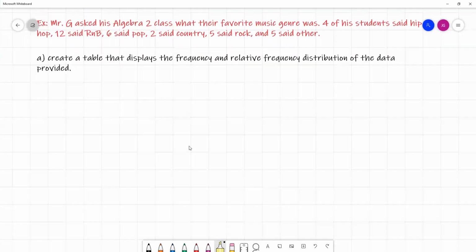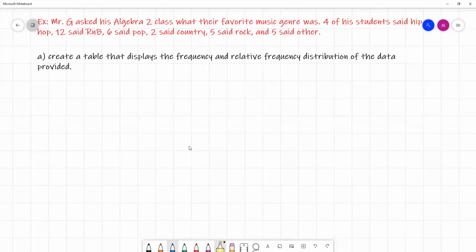Okay, so here it's all about just making a table. Since we're doing frequency and relative frequency, we're going to want a table that has 3 columns, right? Our first column is going to be the music genre, just listing out the different genres, and I'll do that now.